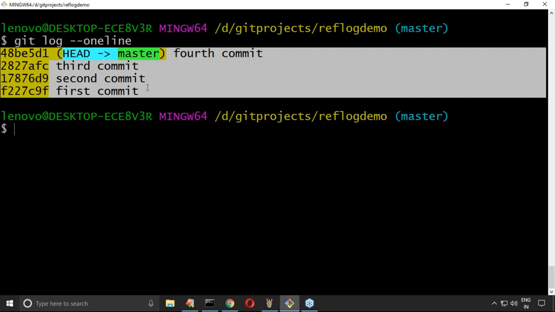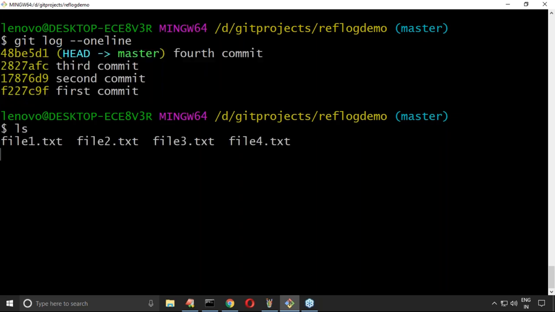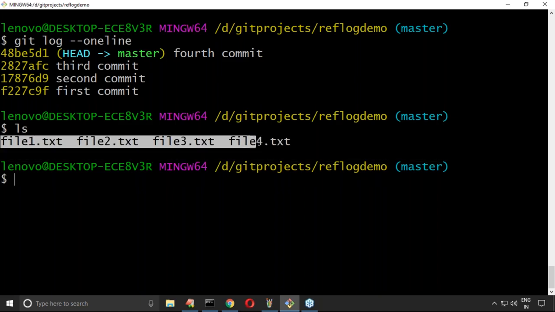Even though you did some destructive operation, still we are able to recover, because my reflog is going to provide the corresponding entry. Next, if I use ls, can I see all the files or not? Yes, we can see all the files, no problem at all. That is the beauty of the git reflog command.